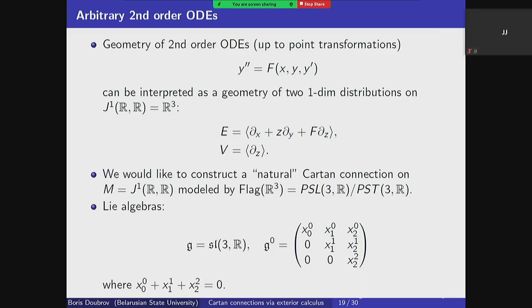And again, there is the same game we would like to play. First of all, our connection should reflect the underlying structure, so it should somehow be aligned with these two directions. And second, we'll see there will be many connections of this kind, and among these connections we need to find a unique one by imposing conditions on curvature.